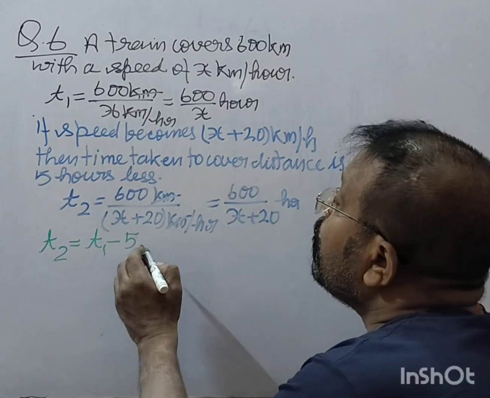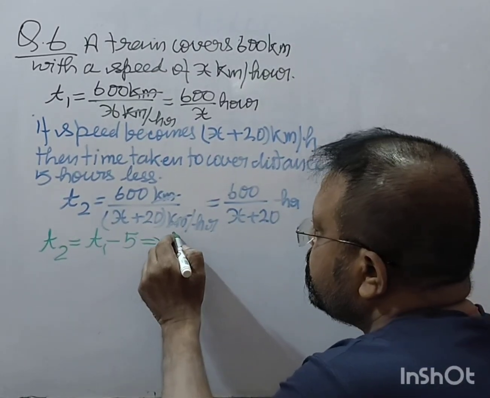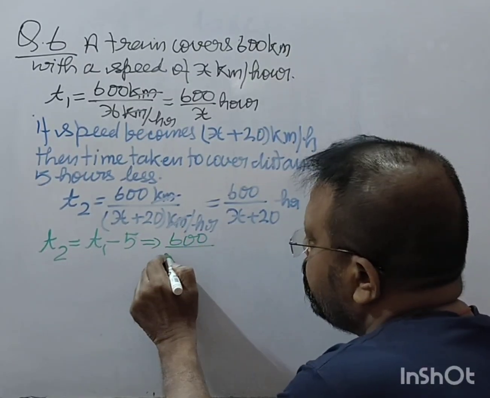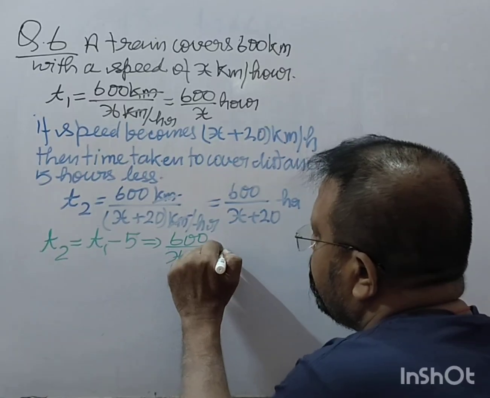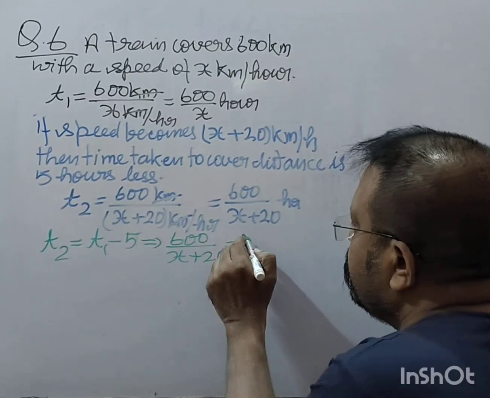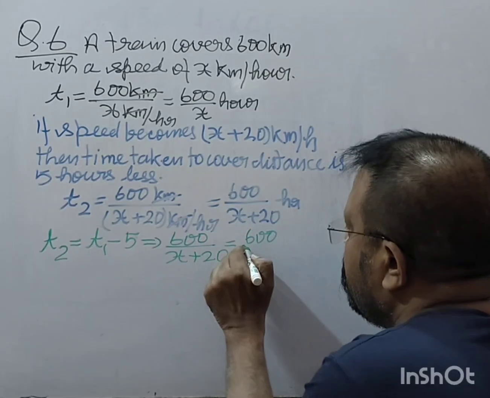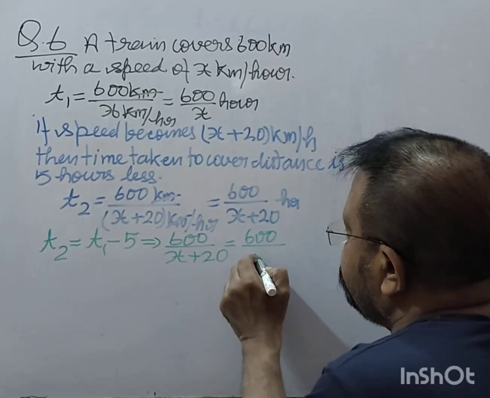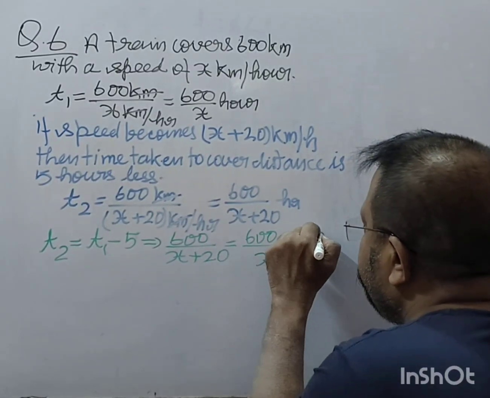So now we put the values here. So what happens? This is 600 upon x plus 20 is equal to 600 upon x minus 5.